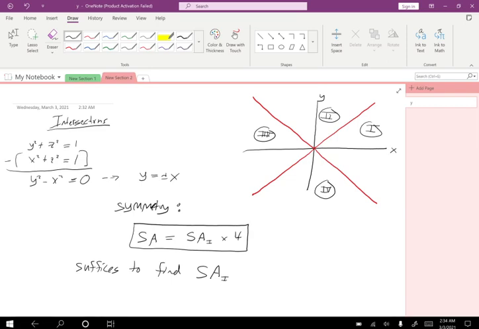So why is this useful, to partition things based on these intersections? Well, it turns out the intersections serve as a switch. So the intersections switch on or off which cylinder is being used.